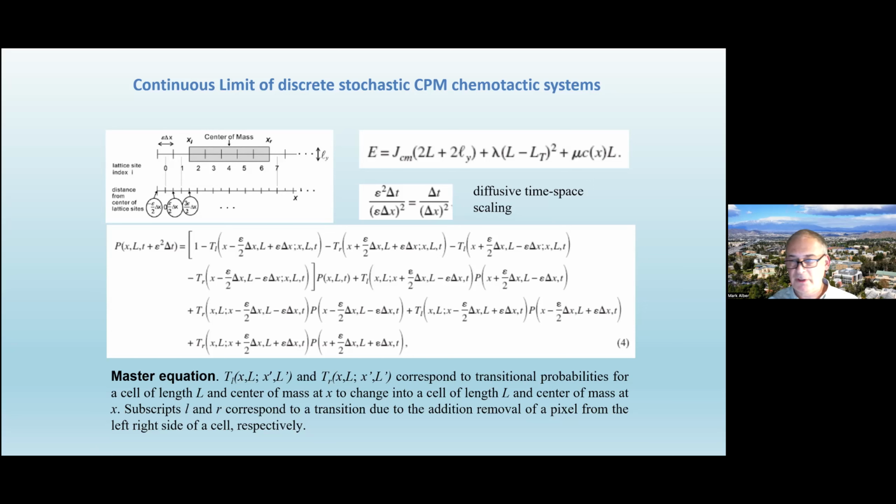Either it's 1 or it's exponential of delta E. So we have this master equation written here, and then we look at the continuous limit when the ratio of the time step divided by the X step squared is fixed.